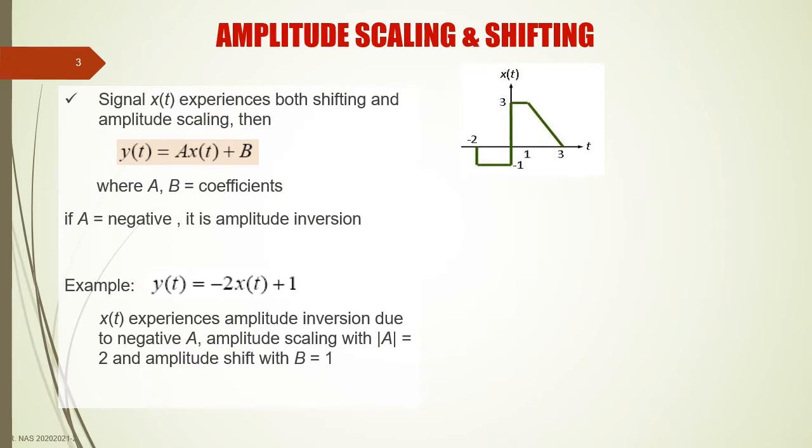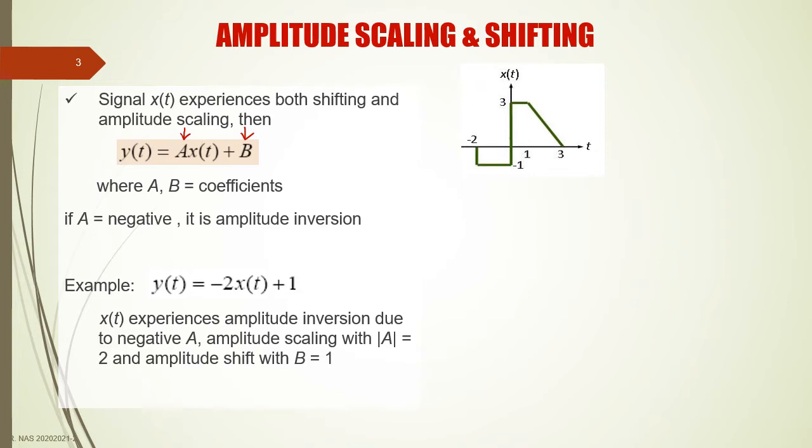Okay, so now what happens if you have more than one operation in one equation? For example, we usually see for amplitude scaling or shifting, only one part is changed. But in this case, you have both amplitude scaling and also shifting.